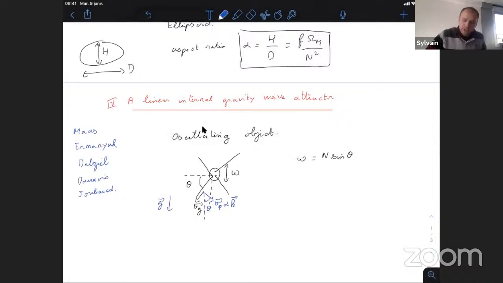And that's what you observe with the oscillating object, the most classical picture you can see, this cross that is very famous for internal gravity waves.